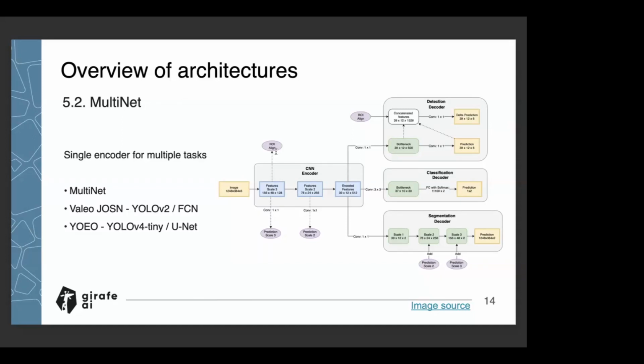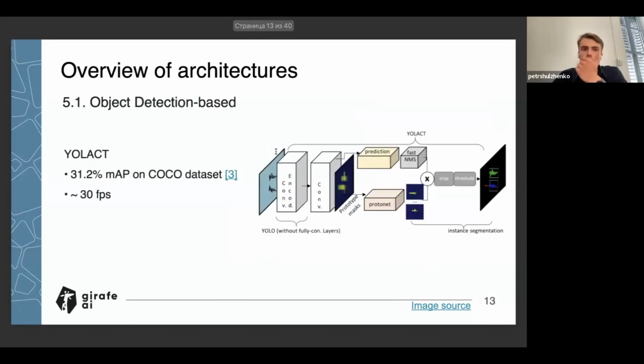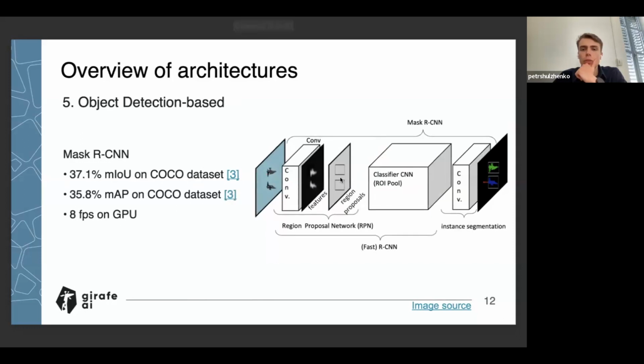Or did you say something like this? Yeah, it's actually the idea of object detection based architectures. Firstly you try to detect your object with a bounding box, and then perform segmentation in this bounding box.